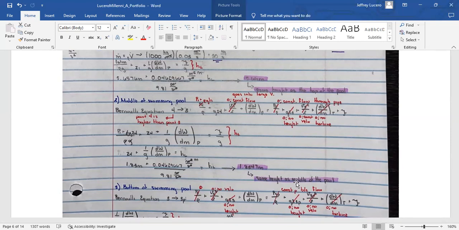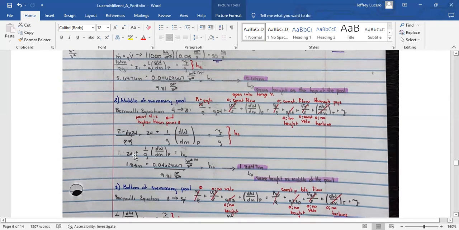We know that P3 is constant because of constant flow through the pipe, as explained in the conceptual question. We know that there's no height at Z3 and there's no turbine. So we reduce the Bernoulli equation to equal P1 plus Z4 plus 1 over g times the work equals the head loss.